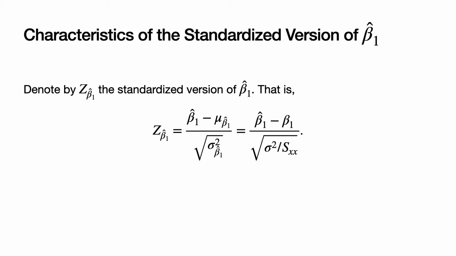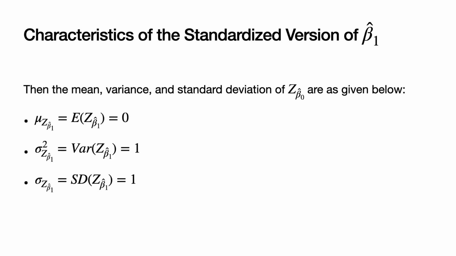s sub xx. And so once we have standardized a random variable, you'll recall that the random variable has a mean of 0 and a variance of 1. And because the variance is equal to 1, the standard deviation is equal to 1 as well. And that's what we have here. The mean, variance, and standard deviation of the standardized version of beta 1 hat are as given below.